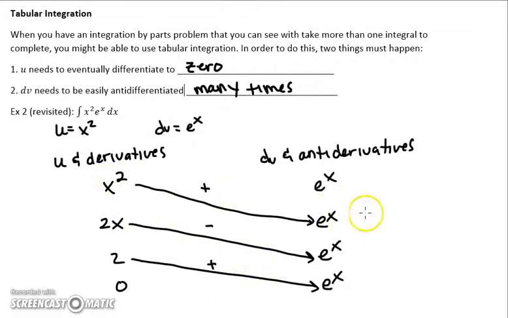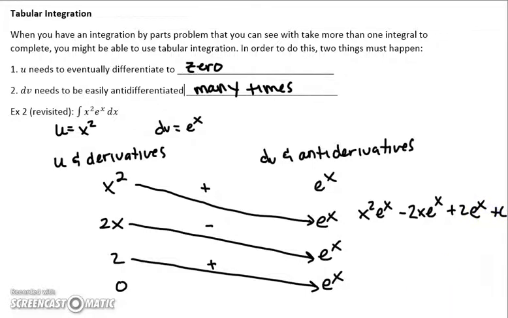So x squared e to the x, negative 2x e to the x, positive 2e to the x. And if you went through with the simplification on the last problem where we would distribute the 2, you would end up here. Now we also need a plus c because it's an antiderivative.